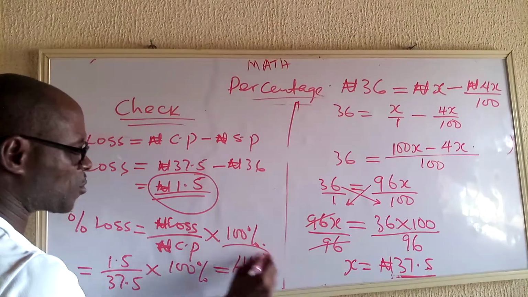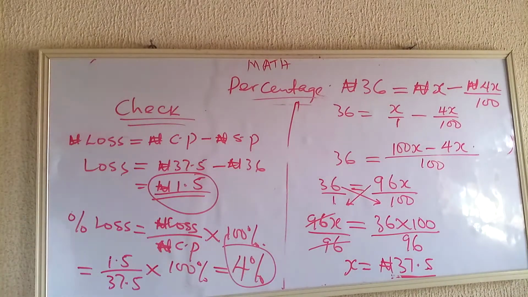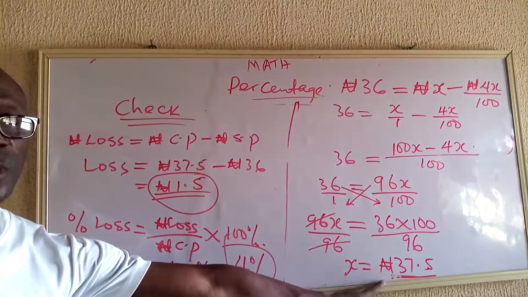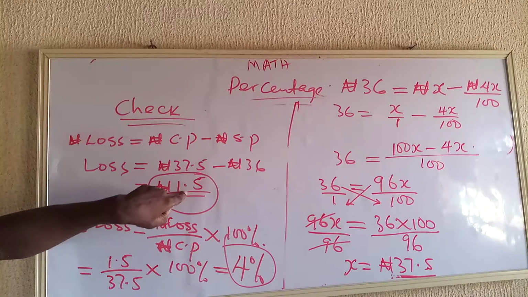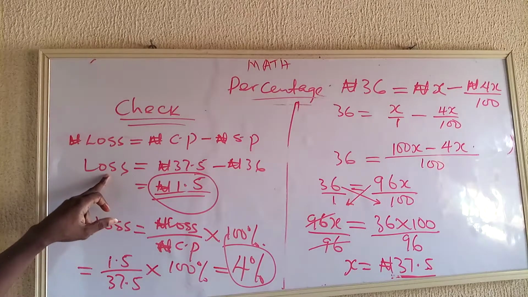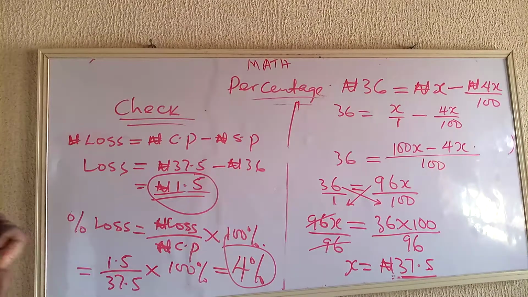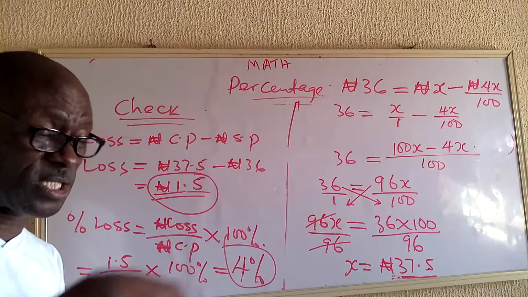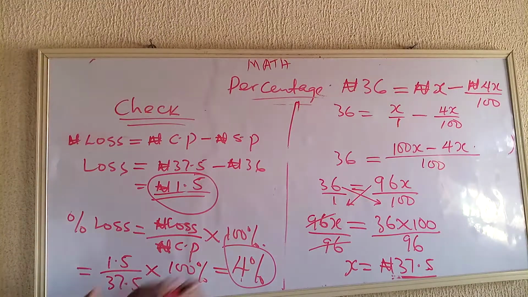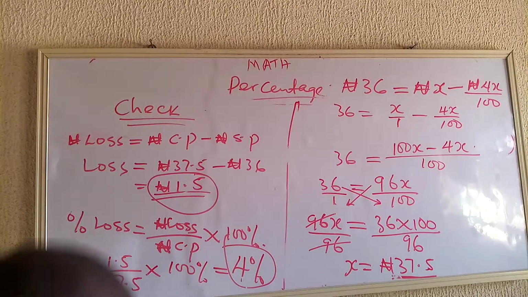And you know that this 4% was given in the question. So this is to show you that our calculation is right. Because if this amount in naira, which is 1.5 naira, which is the loss, when we convert it, doesn't give us 4%, which is what we are given in the question, it means our answer is wrong. But now you can see we arrive at that same 4%. So take note of that.